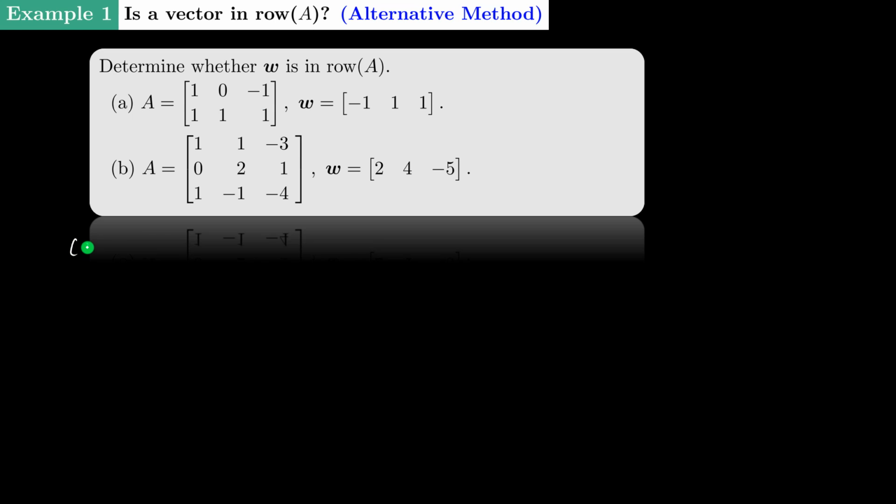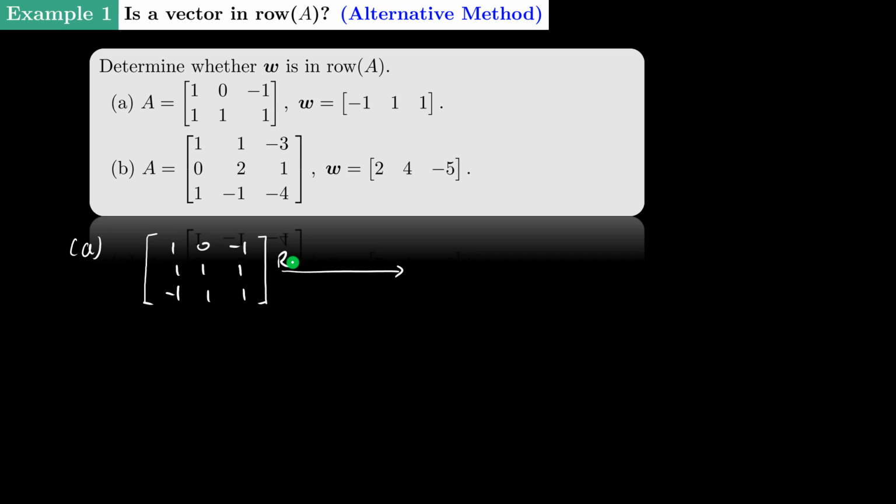Okay, so for part A, our matrix looks like this: 1, 0, minus 1, 1, 1, 1. This is the original matrix A, appended by W at the bottom, minus 1, 1, 1. Alright, and then we will reduce it to the row echelon form. Here, obviously, 1 is a pivot, so we get rid of 1 and minus 1 below.